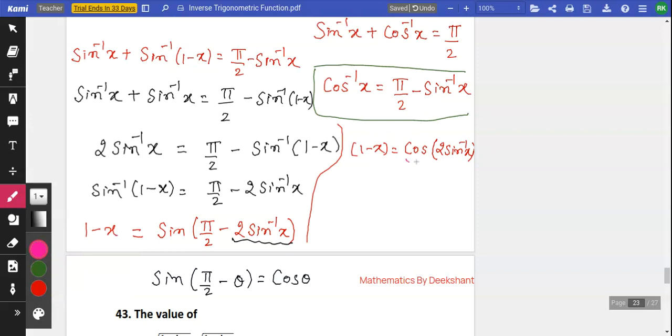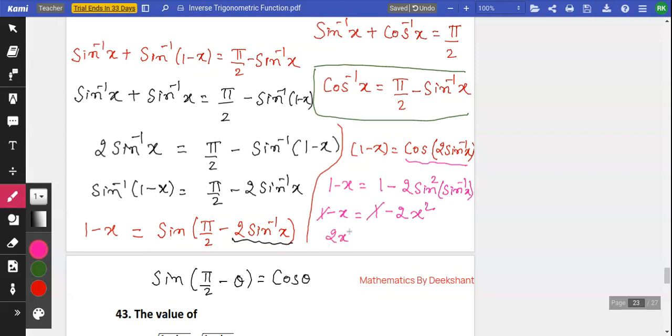Here we use the cos 2 theta formula in terms of sine, which is 1 minus 2 sine square theta. So 1 minus x is equal to 1 minus 2 sine square of (sine inverse x), which is x square. The 1 and 1 cancel out.